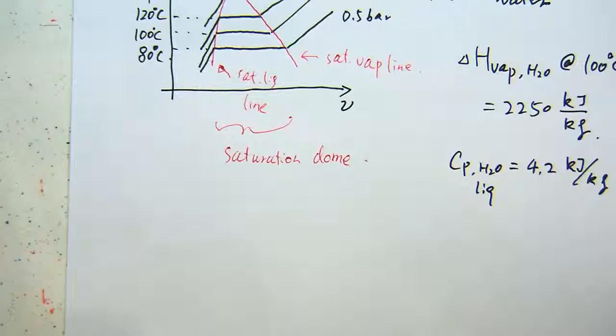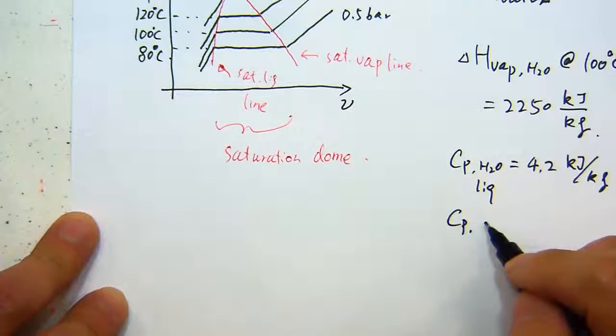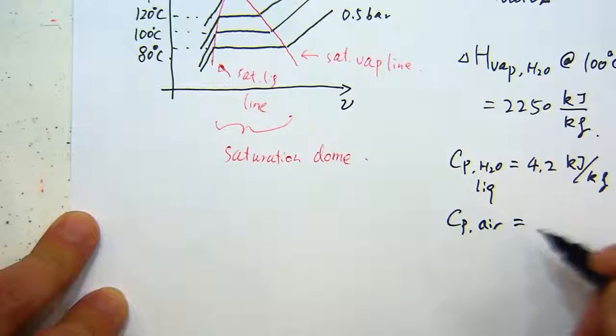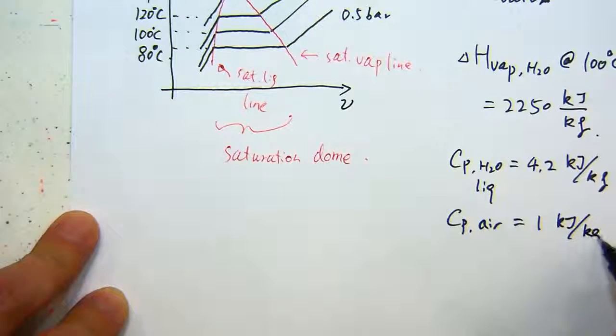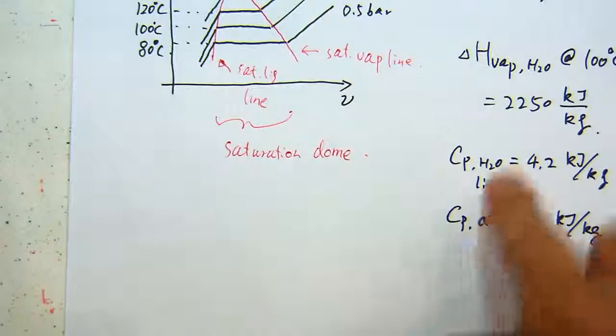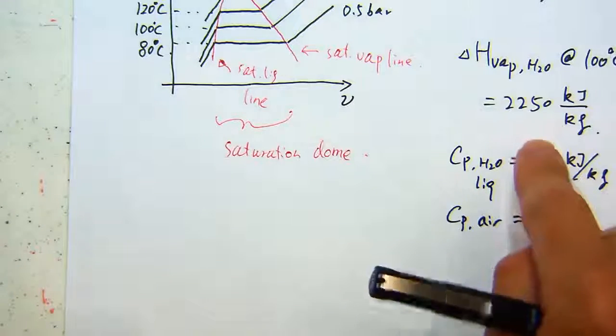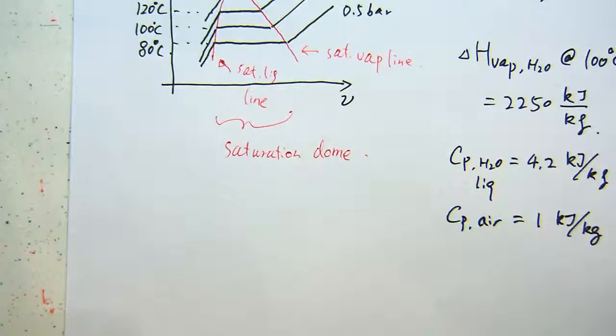That's a very, very large amount of heat in the process. If you have the CP of air, which is about 1 kilojoule per kilogram per Kelvin, you can, if you can do that, raise the temperature by over 2,000 Kelvin.